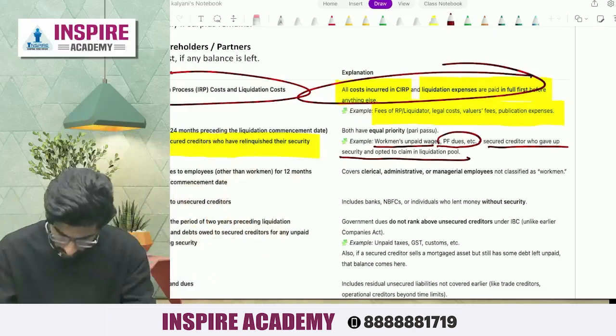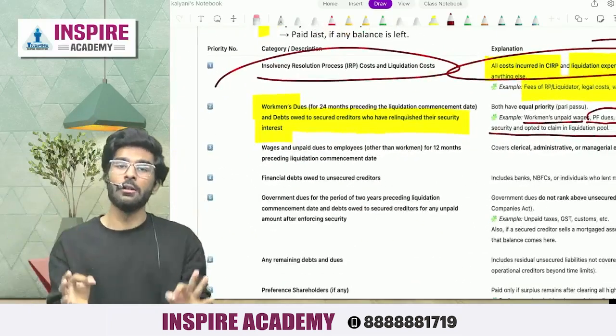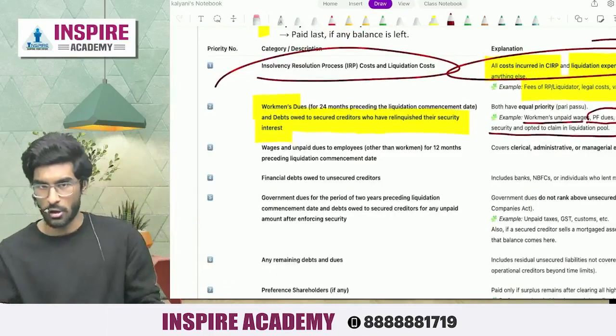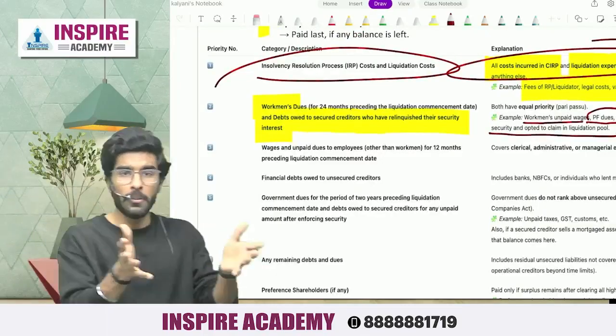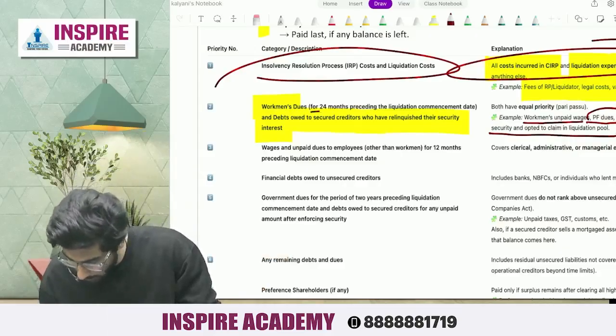Okay. Number two is very simple. So number one is insolvency resolution process cost or the liquidation process cost. Number two is workmen dues. Now this is very important. For 24 months preceding the liquidation commencement date.